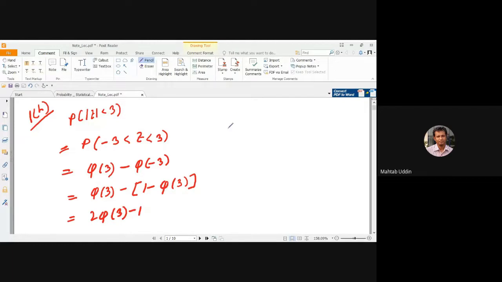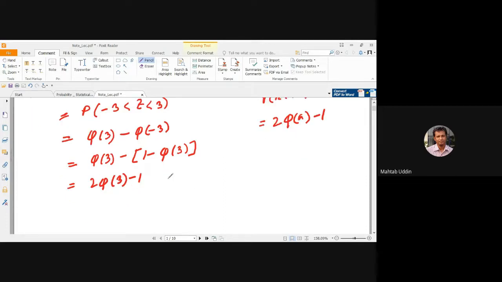That means we can establish a general formula for this. If probability of absolute Z less than A, or less than or equal A, it doesn't matter, it is 2 phi of A minus 1. Do you understand? Yes, sir.